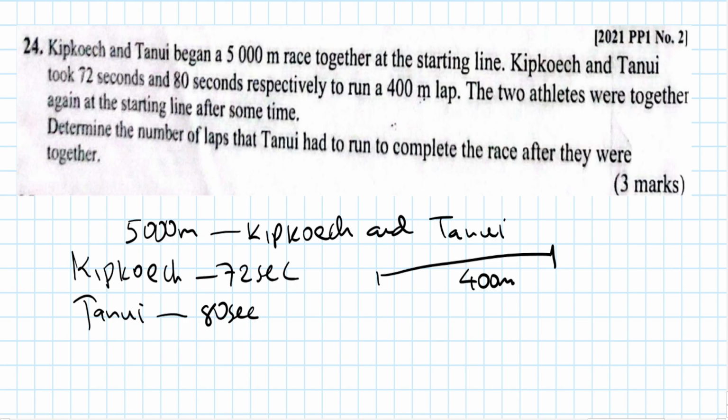The two athletes were together again at the starting line after some time. Determine the number of laps that Tanui had to run to complete the race after they were together, which is very, very easy.